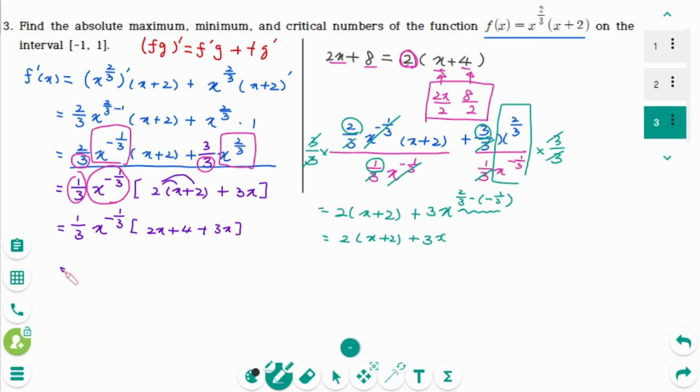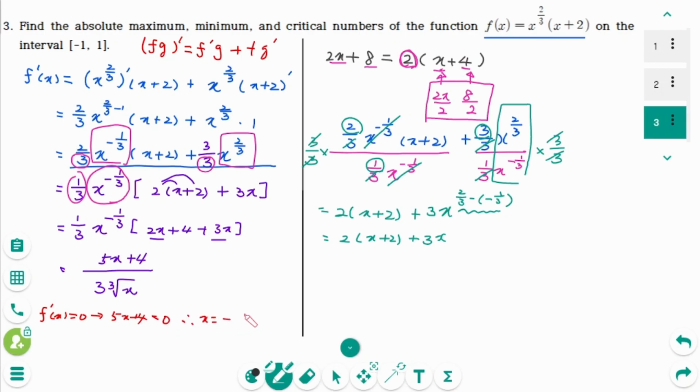Then we can rewrite as 5x plus 4 over 3 times the cube root of x. F prime of x equals 0 means 5x plus 4 equals 0, then x equals minus 4 over 5.